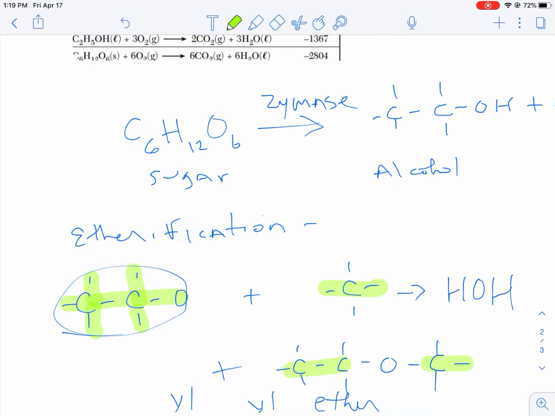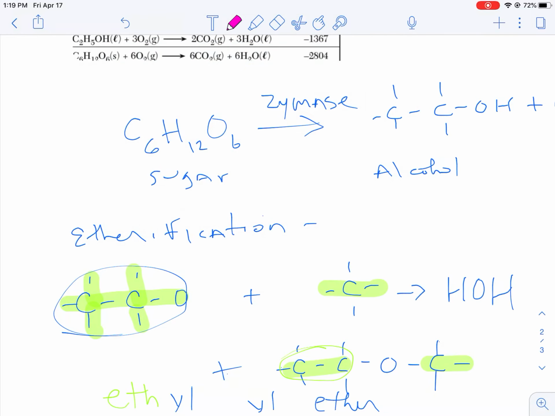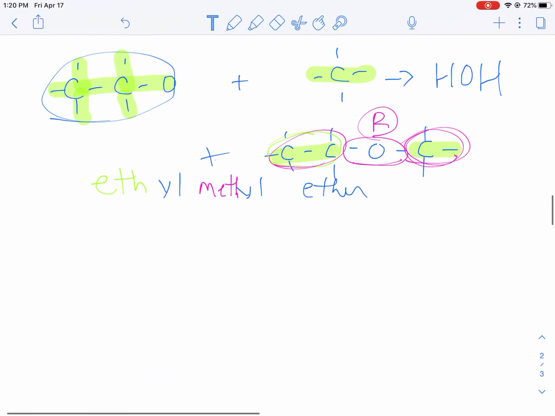So this right here that I see in this circle is an ethyl. On the right side of that, you'll notice that this is a methyl. So I'm looking at, this is my ethyl, this is my methyl, and because of this functional group that's sitting right there that I find on Table R, I'm going to identify this as an ether, as blankyl ether. And that's how etherification works.